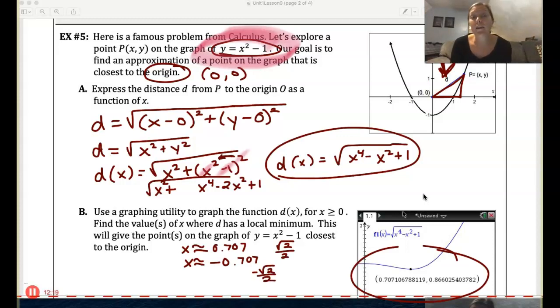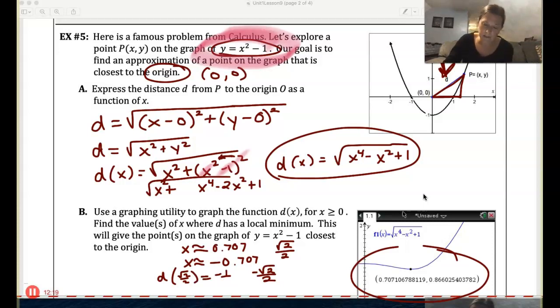So if I wanted to figure out the exact coordinates of point P, I'm going to plug those values back into, so substitute back into our equation. So our distance at, let's do the square root of 2 over 2, it ends up getting you to negative 1/2.